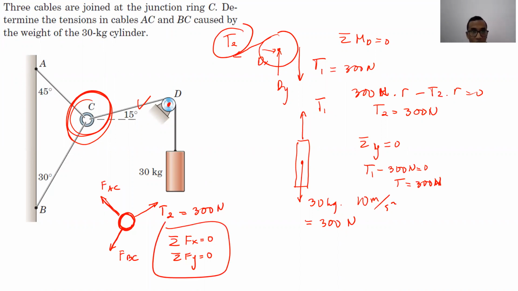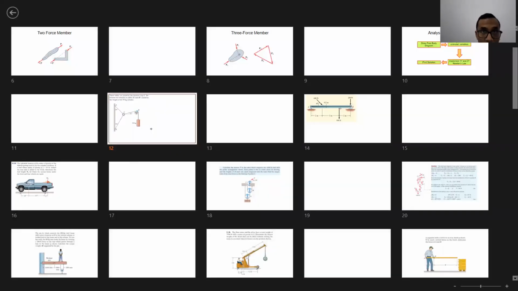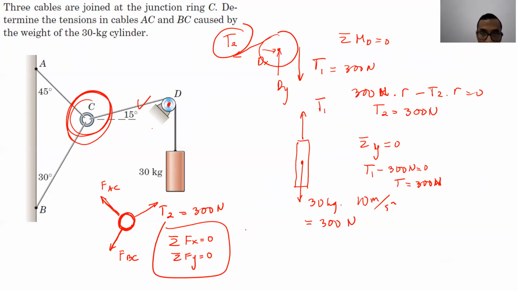Sigma Fx equal to 0. What we will have there will be 300 Newton cos 15 degrees. Remember this one? It's 15 degrees.